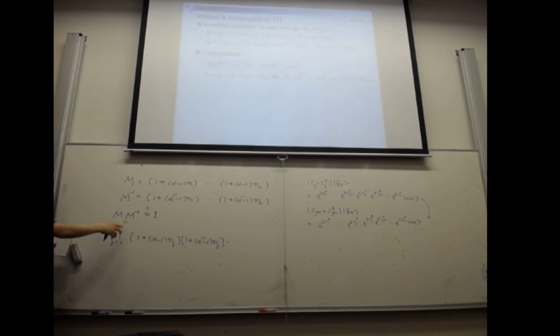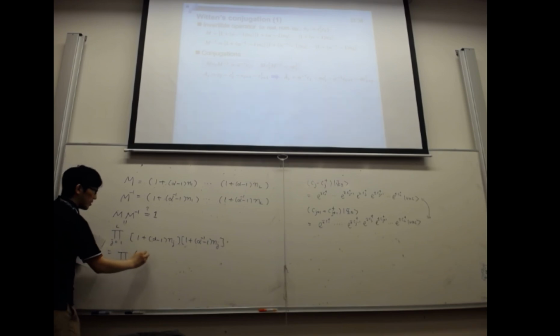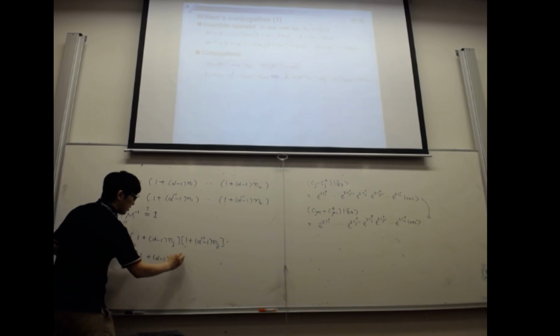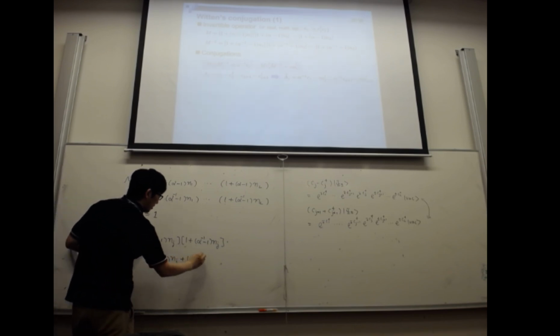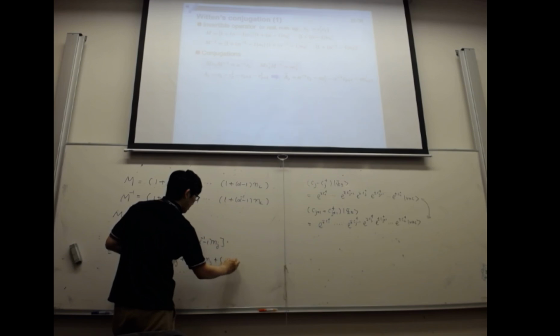The order here doesn't matter, so you just need to compute this single factor. And you get 1 plus alpha minus 1 n j, alpha inverse minus 1 n j, plus this.